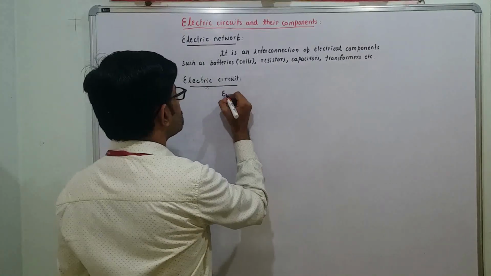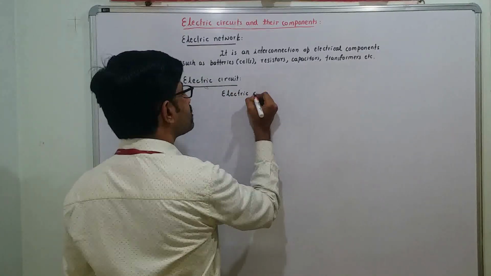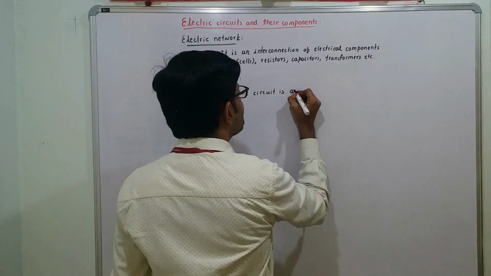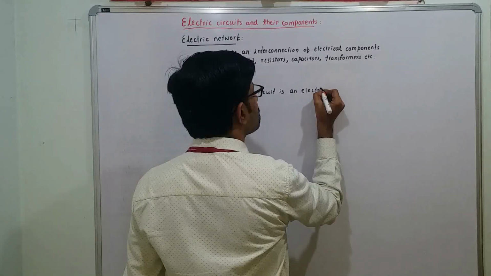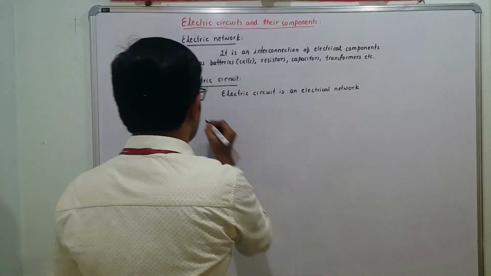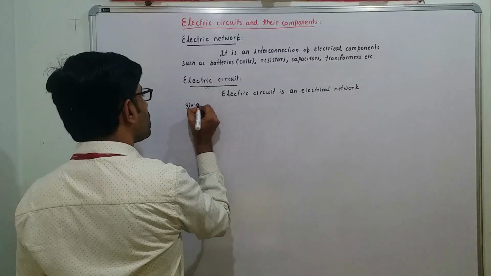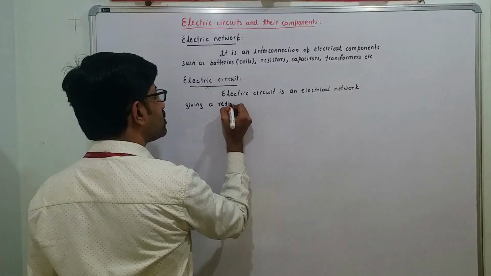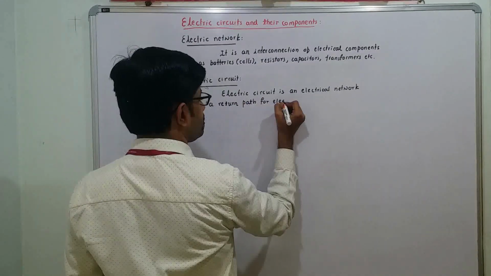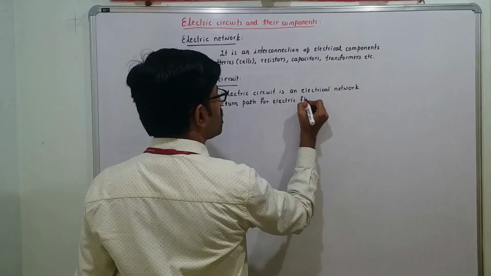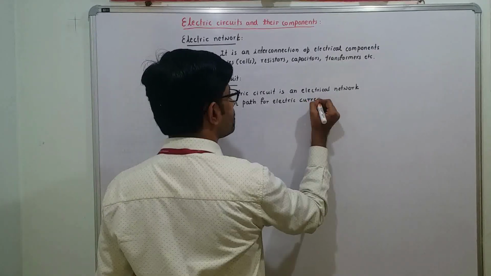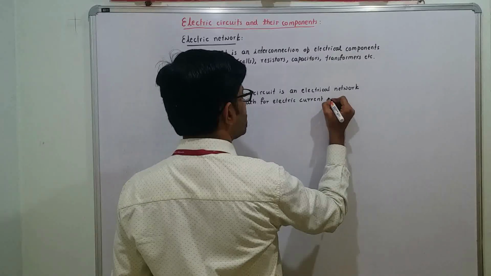Electric circuit is an electrical network giving a return path for electric current in it.